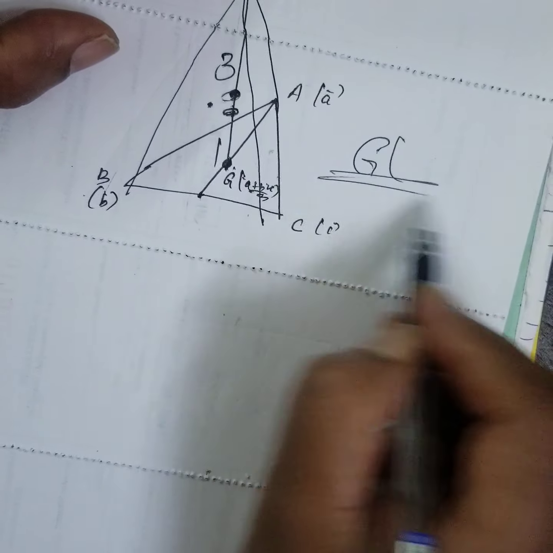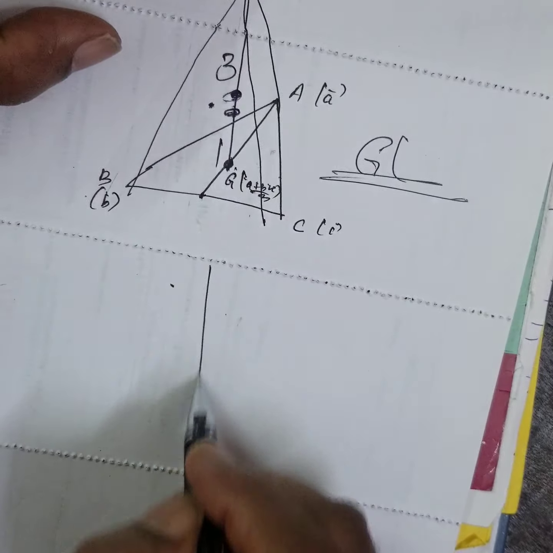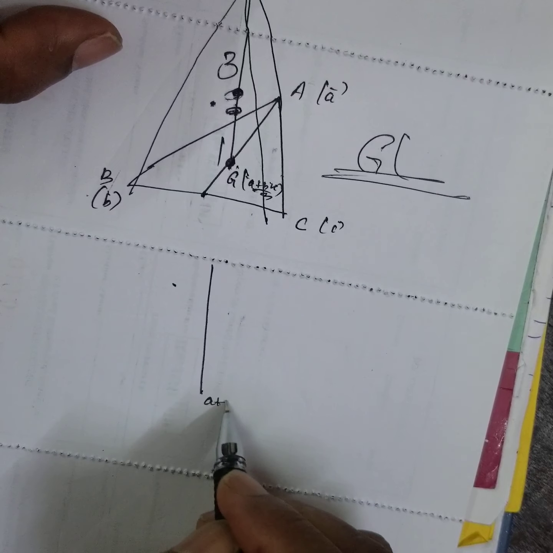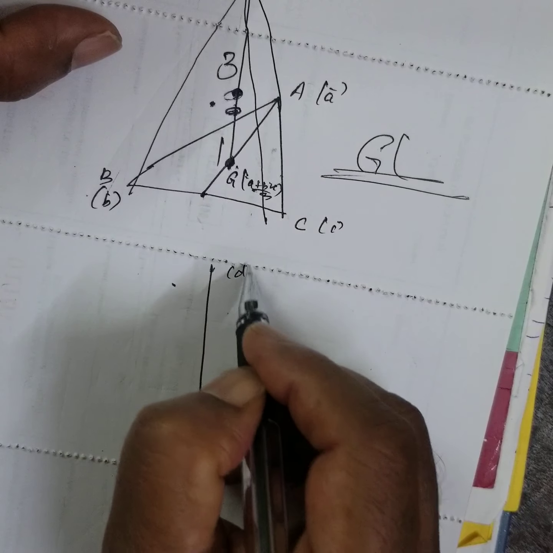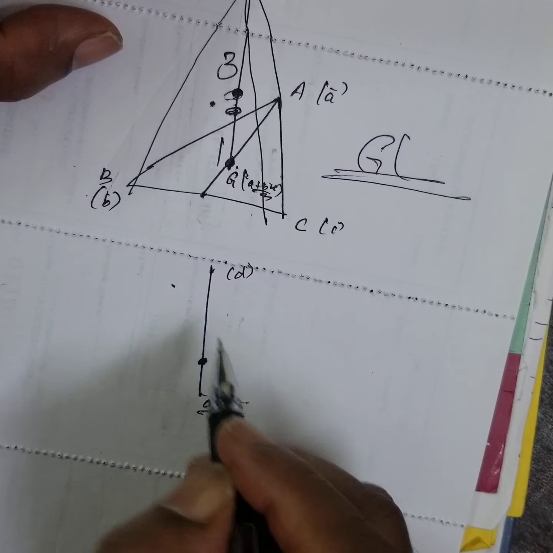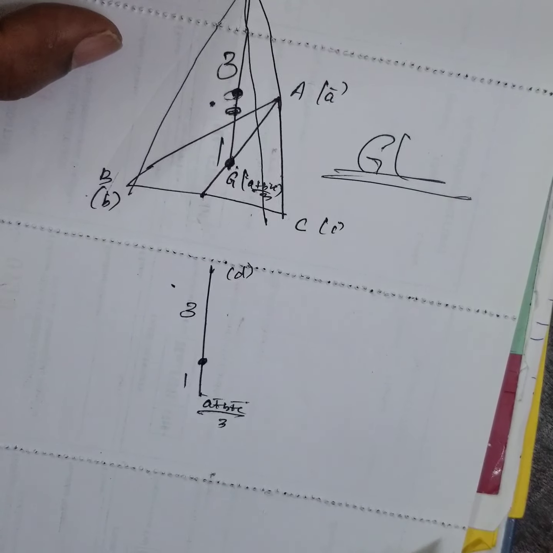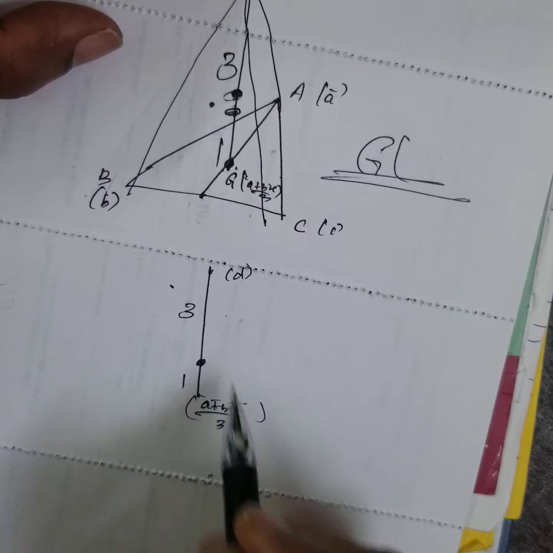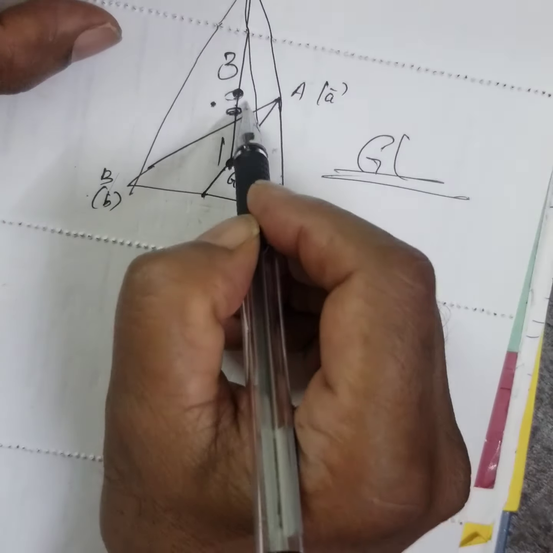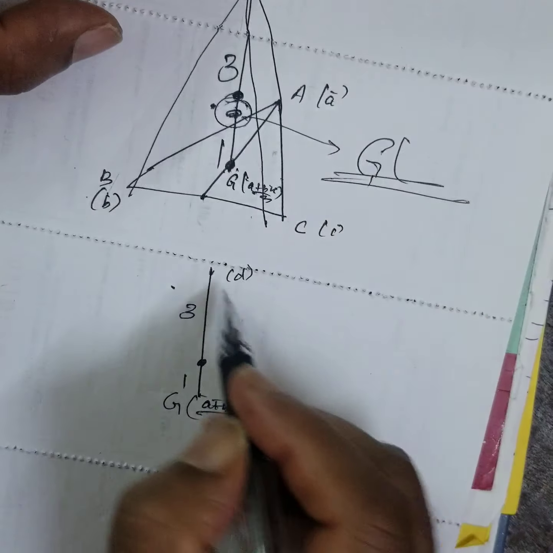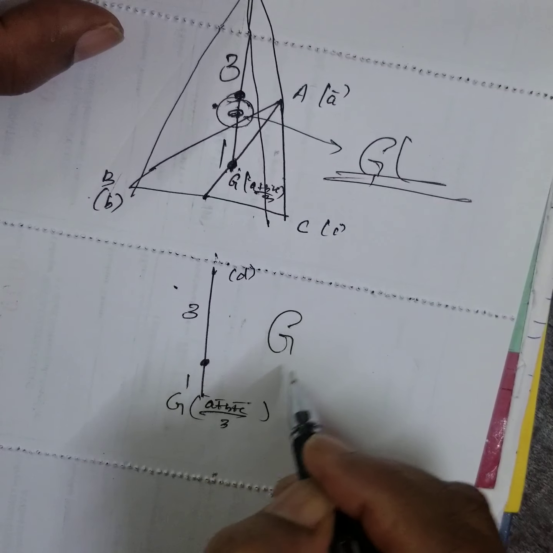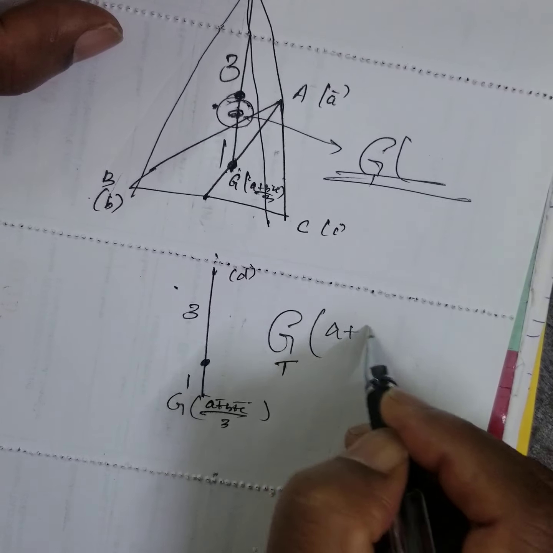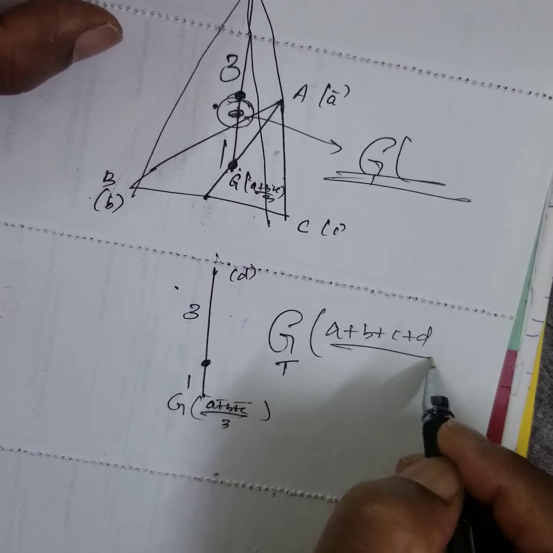This comes, they'll ask you in the IIT, saying what is the ratio here. Here (A plus B plus C) by 3, and this is D. It divides in the ratio 3:1. This is G, the centroid of the tetrahedron. Then the centroid of the tetrahedron is equal to (A plus B plus C plus D) by 4.